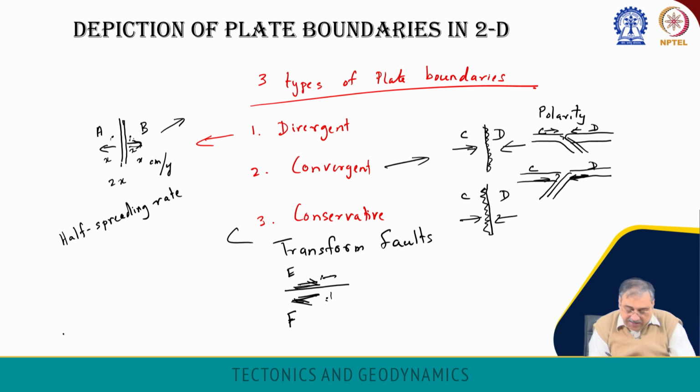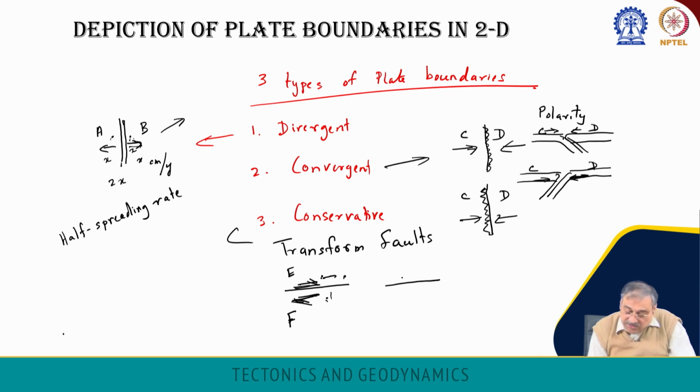Similarly, if any person is standing on plate E and observing the other person on plate F, the person on plate F will appear to move to his right. In that case, no matter which way you are viewing it, an observer on either plate viewing the fault will observe the opposite plate moving consistently towards the right, whether you are an observer on plate E or on plate F.